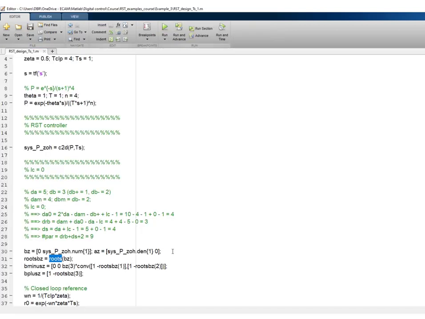And here you see that indeed the third root is in B plus. B plus is Z minus the third root. B minus is Z minus the first root times Z minus the second root.